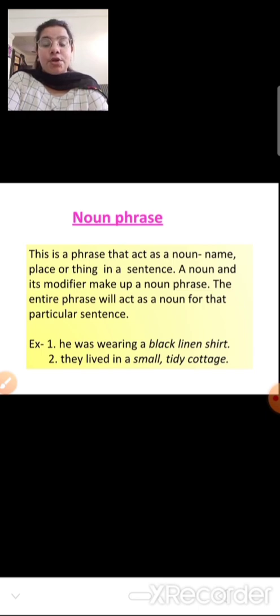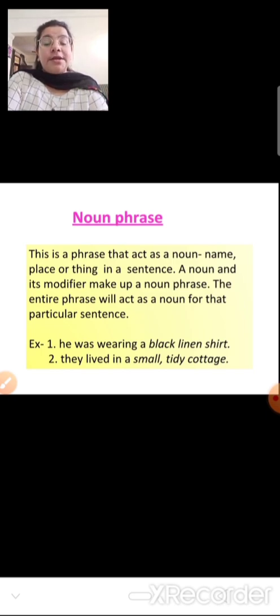Like in the same way, Ram has built a beautiful home. Here the phrase beautiful home is the noun phrase because home is the noun and beautiful is the describing word which is describing the noun. So that's why it makes the noun phrase.